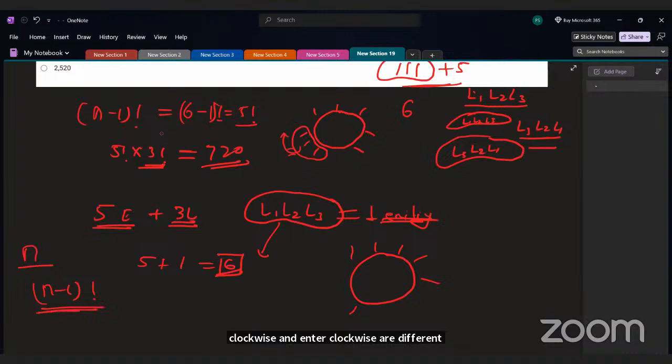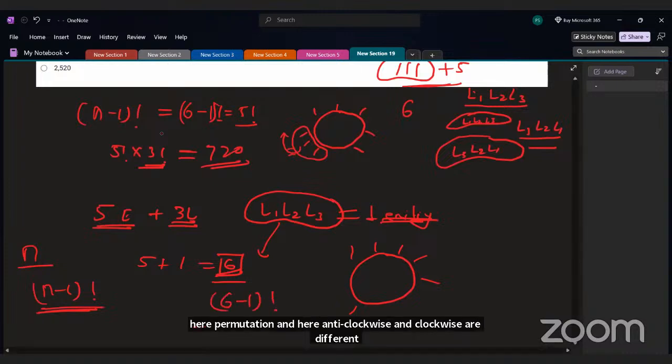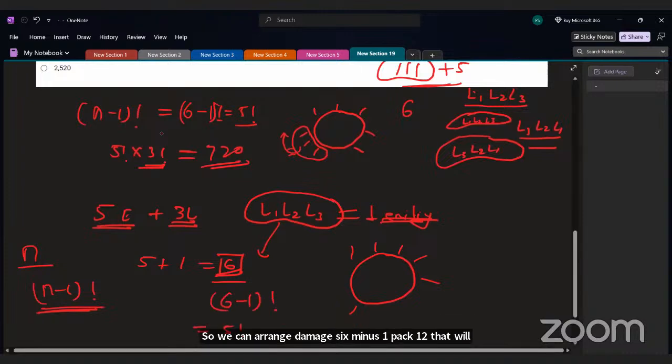So we have got 6 entities in total, and here anticlockwise and clockwise are different. So we can arrange them in 6 minus 1 factorial ways. That will be 5 factorial ways.